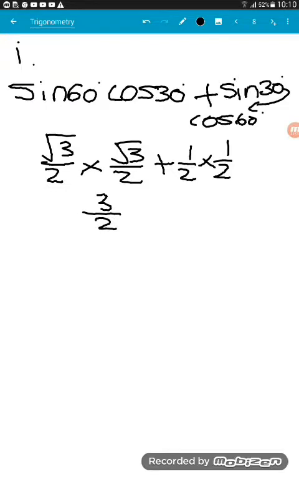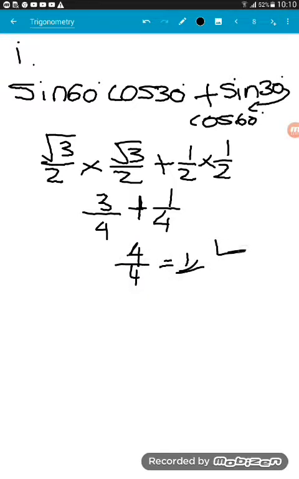So root 3 into root 3 is 3, and 2 into 2 is 4, plus 1 into 1 is 1, 2 into 2 is 4. So 3 plus 1 is 4, and 4 by 4 is equal to 1. So the answer is 1, correct.